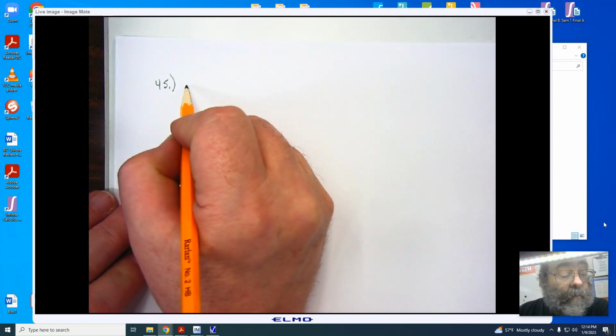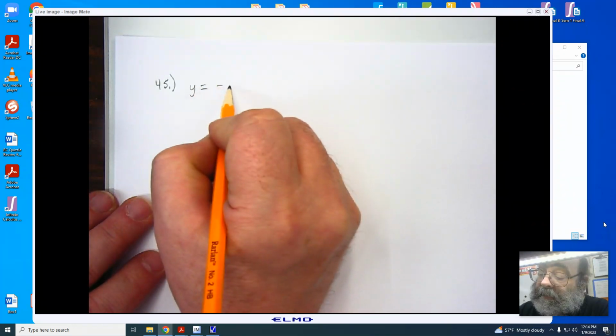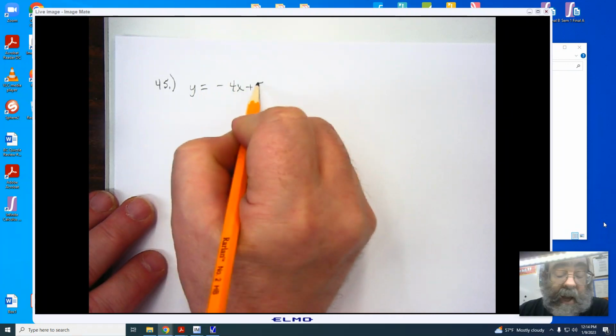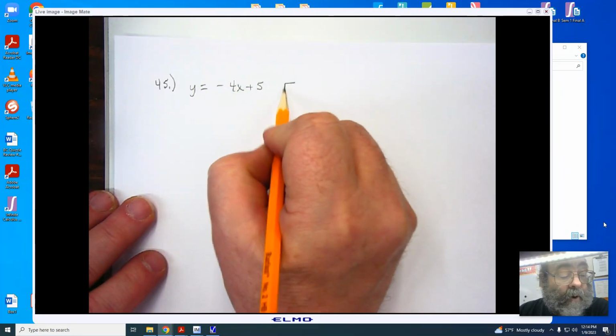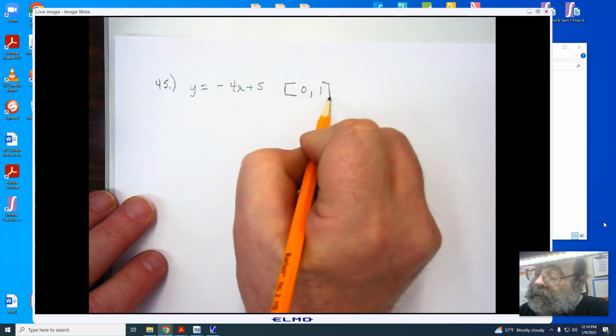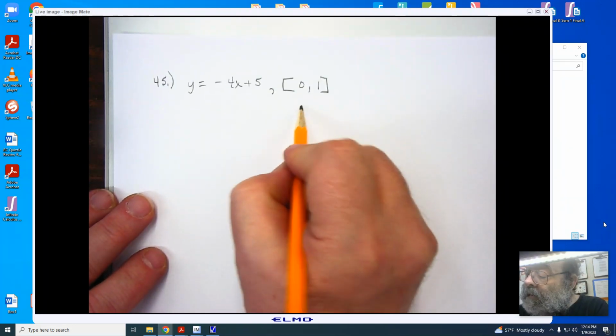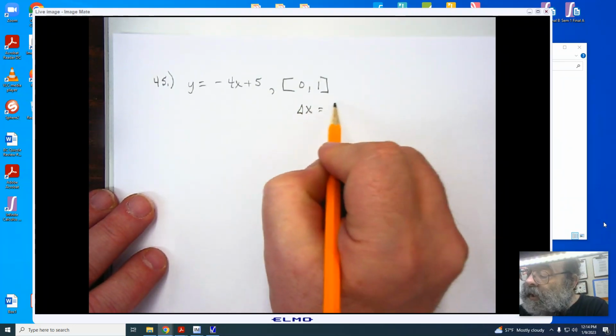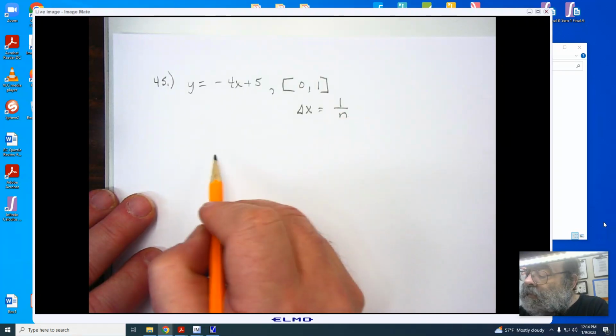So in 45, we're looking at y equals negative 4x plus 5, and we have our interval 0 to 1. So we're going to find our delta x. Delta x is 1 over n.